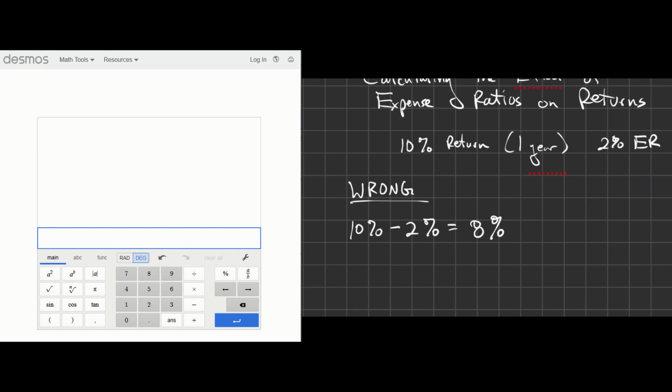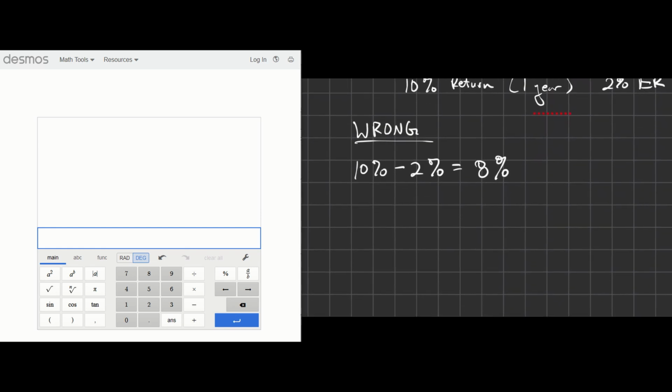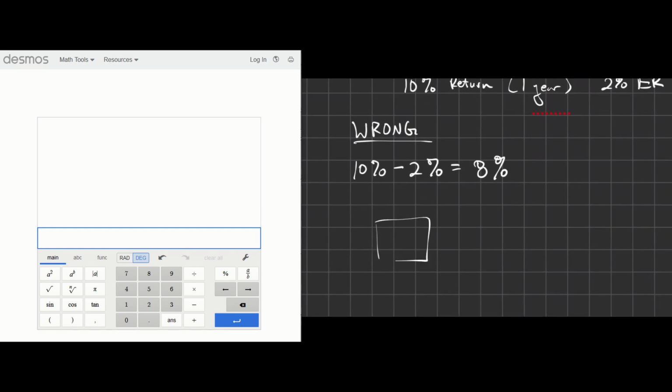That's not correct, because that actually assumes that the 2% expense ratio was only applied to the amount that grew. So for example, if you have your principal and then the growth for that year, the 10% growth, this calculation would only assume that you took the 2% out of the amount that you made that year. But if you're taking 2% out of your total net assets, then that 2% would need to apply to everything, the principal and the growth.